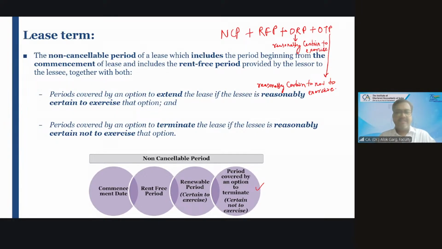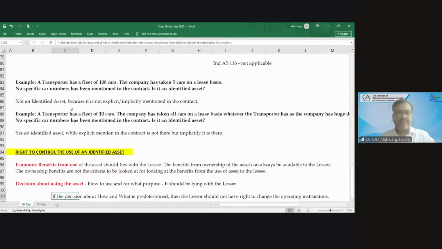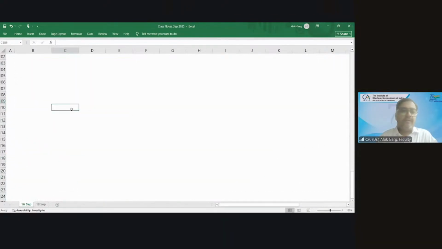Tell me one thing in this case. 1st April 2025, premises available to the lessee. Rent-free period is 1 year.